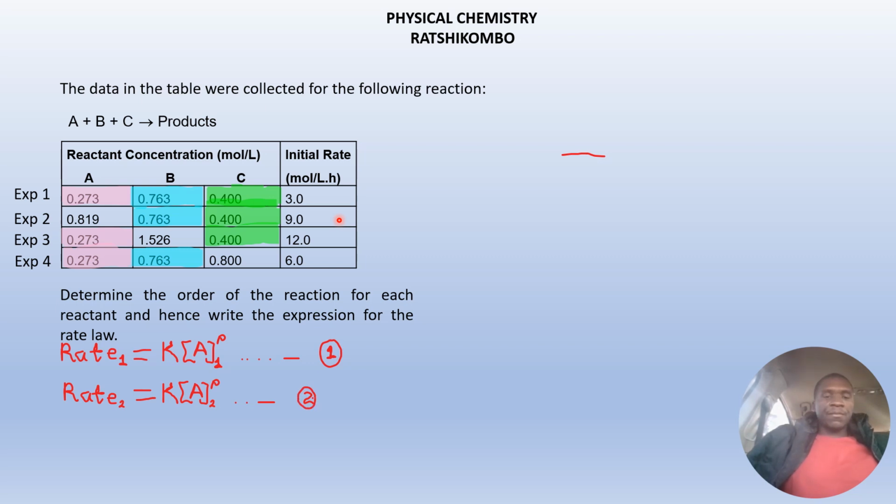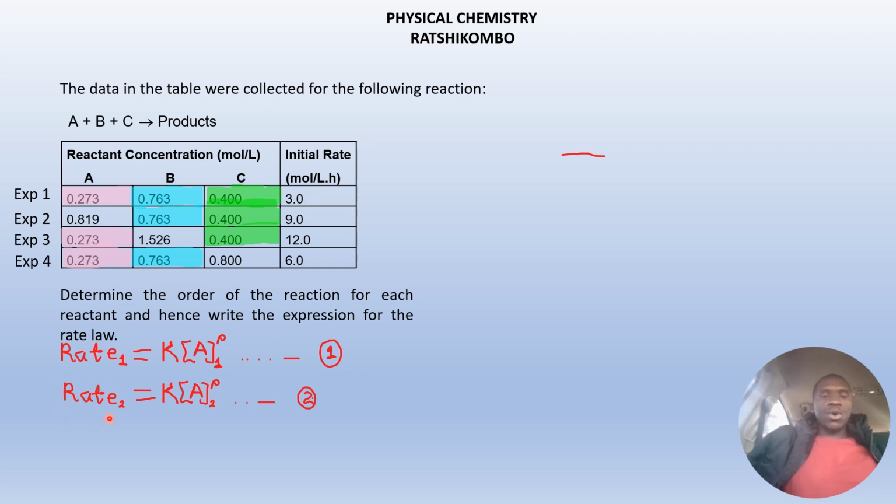And then if now we say equation 2 divided by equation 1, it simply means that we are going to write this rate 2 and divide it with rate 1, equals this one divided by this part here. And by the way, rate 1 is the rate for experiment 1, which is this value here.